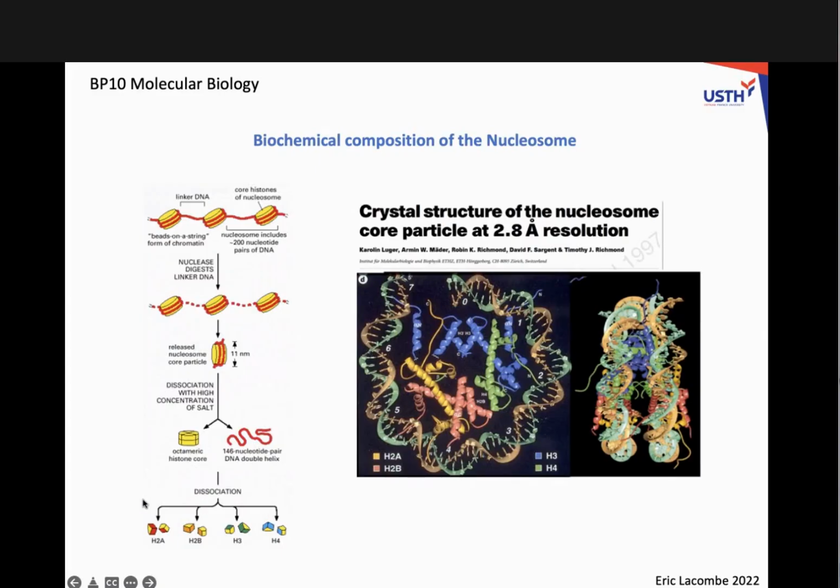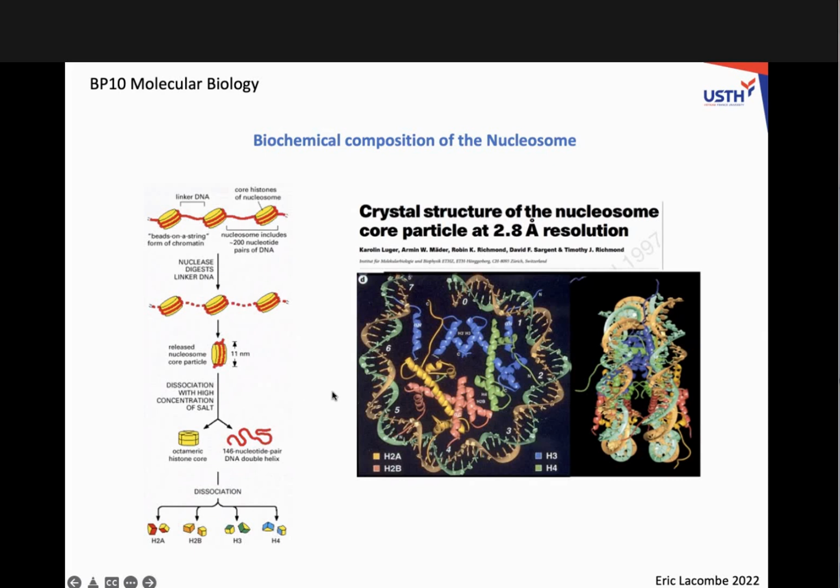And what has been found is that it's composed of 8 monomers of histone, but different types of histone, because there are several types of histone. So there are 2 molecules of H2A, which is one specific histone, 2 molecules of H2B, which is similar to H2A but with a little bit of difference in terms of protein sequence, then H3 and H4.